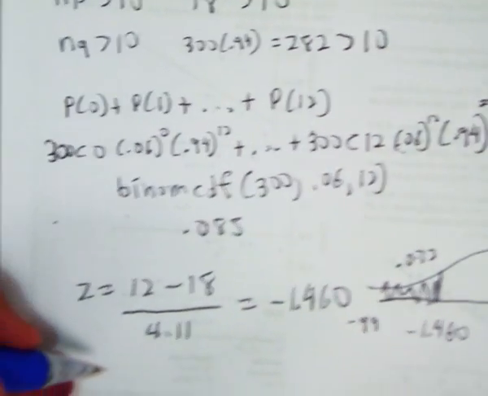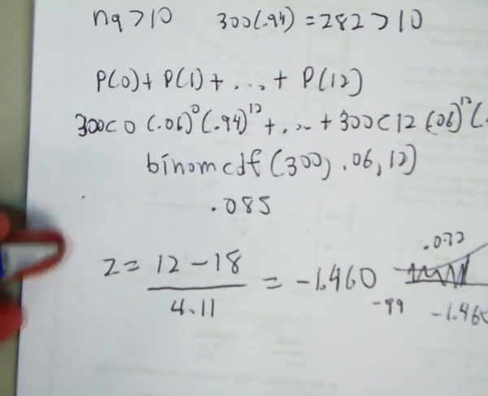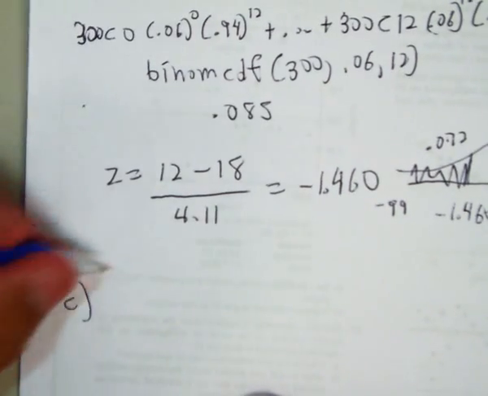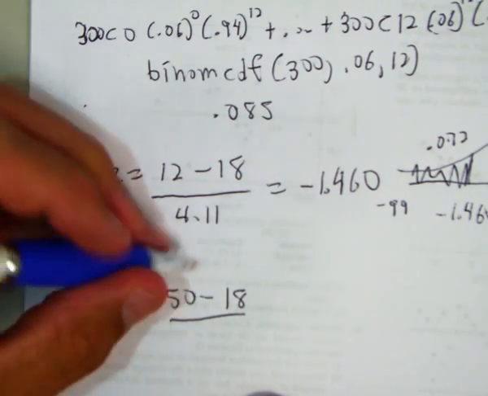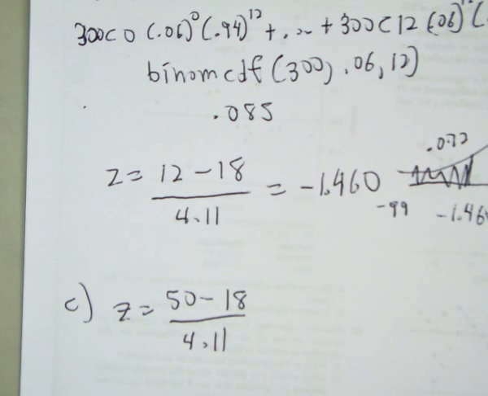Either one is okay. Okay, and then the last question asks whether it's likely to have more than 50 cider apples. Okay, well, let's do a z-score for 50. So we do 50 minus 18 over 4.11. If we do that, we get a z-score of like 7.8.